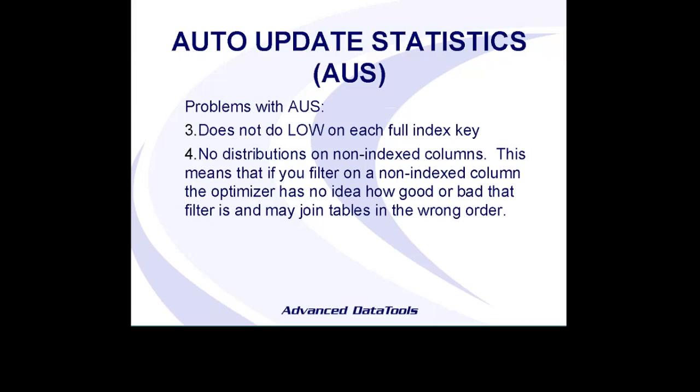So whether or not these two steps are necessary, some people do testing and find that it doesn't make a difference whether you do this or not. My understanding, the only thing I know for sure is that when I've seen problems that I can relate to data distributions not being up to date or not being sufficient, if I run Dostats, which other than these two steps pretty much does the same thing AUS does, things improve. And so I put a lot of weight on these two steps. So, you know, that's for you to evaluate.